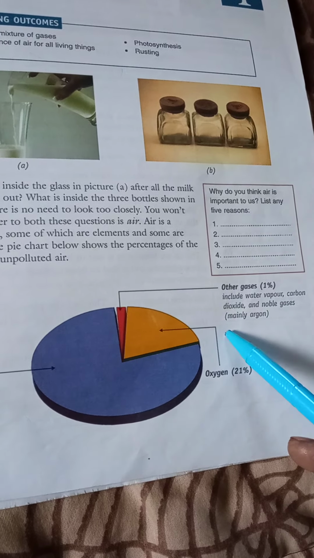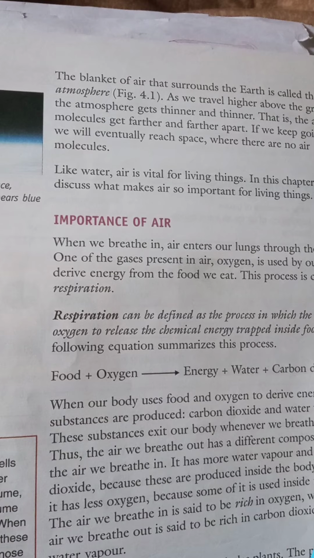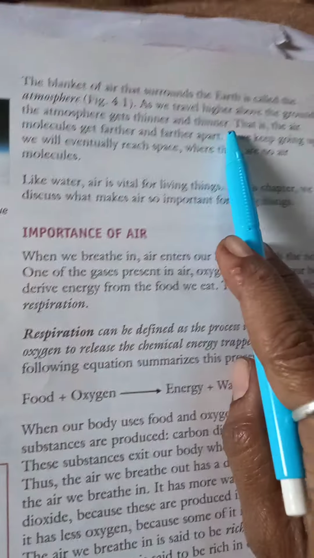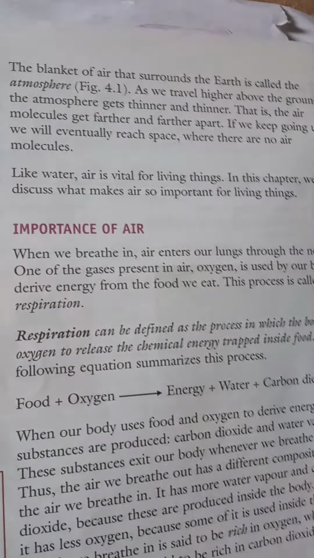So turn the page. The blanket of air that surrounds the earth is called the atmosphere. Our earth is surrounded by a type of covering, called a blanket of air.